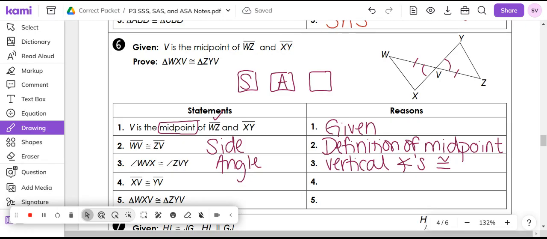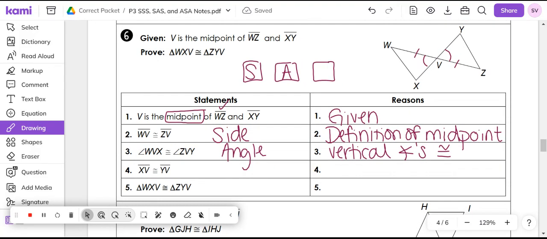The way that I would normally want you guys to go about answering this question is by just looking at what you have for your givens and doing as much as you can from what they give you, and then do a when in doubt, look for something reflexive or vertical angles. But here in this example, they're having you go quite literally in side angle side form. So the next pair of sides is right here for number 4. Okay, my checklist is full.